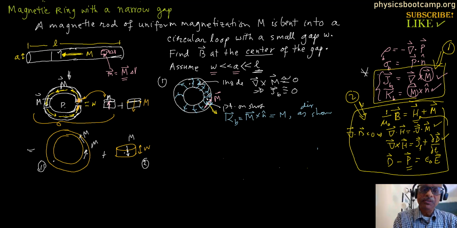So we will construct an Amperian loop. So apply Ampere's law. So Ampere's law will give me, say this distance is little r, so that I go this whole loop.